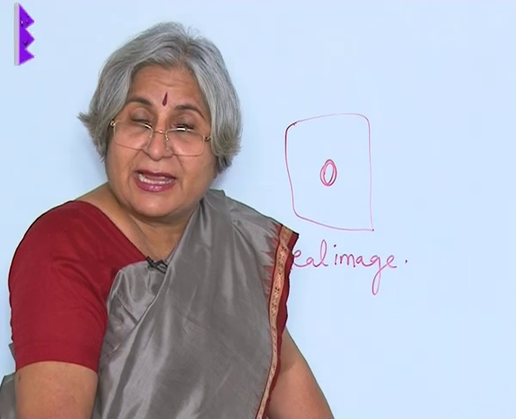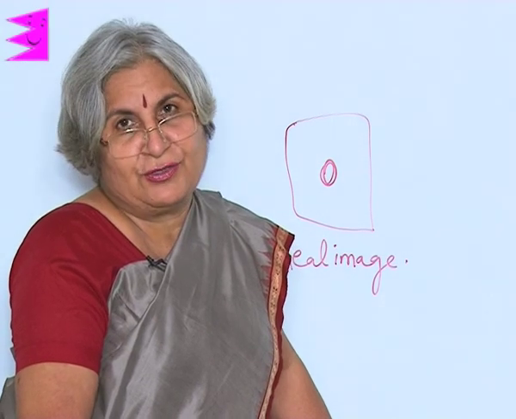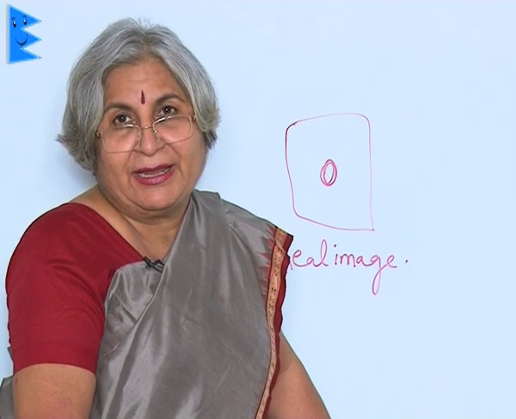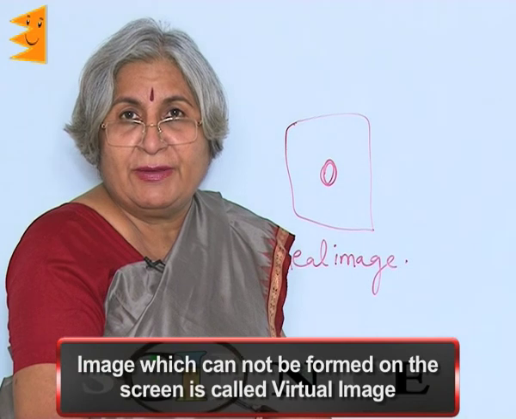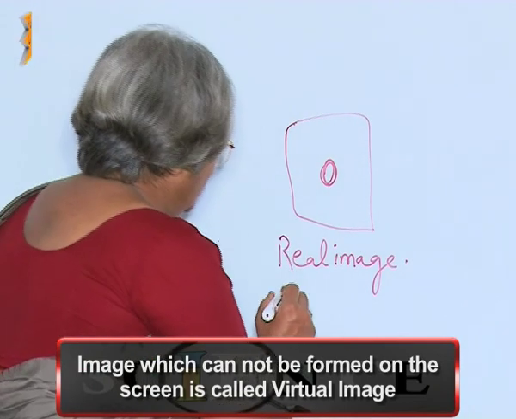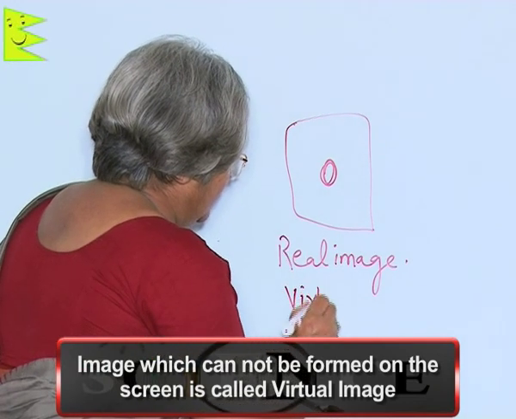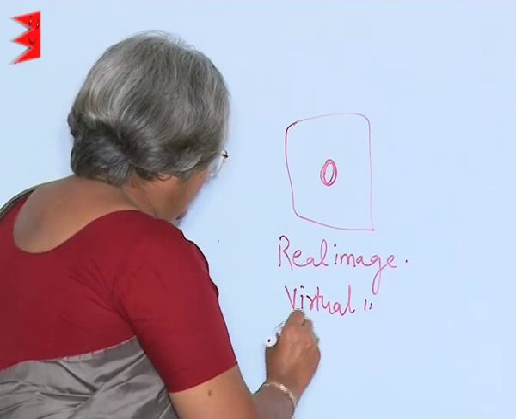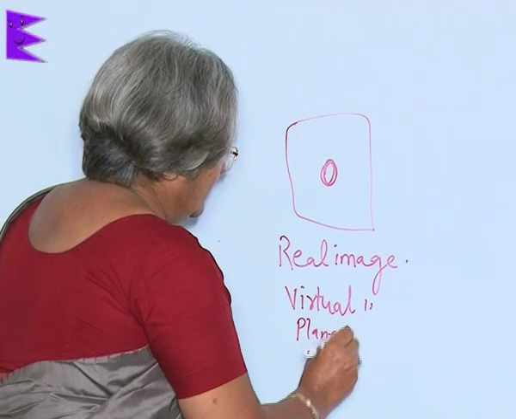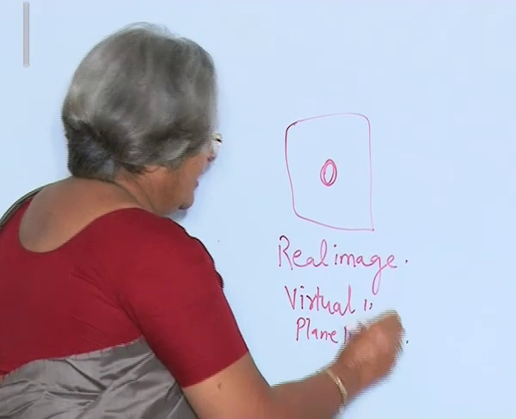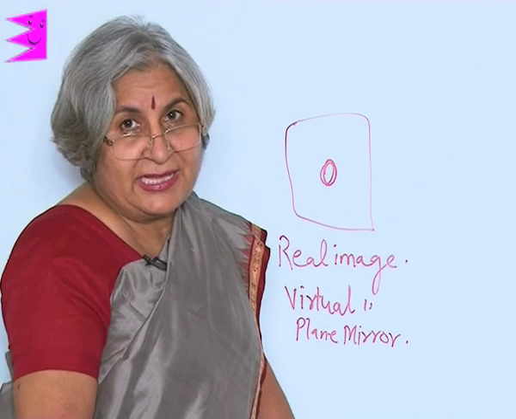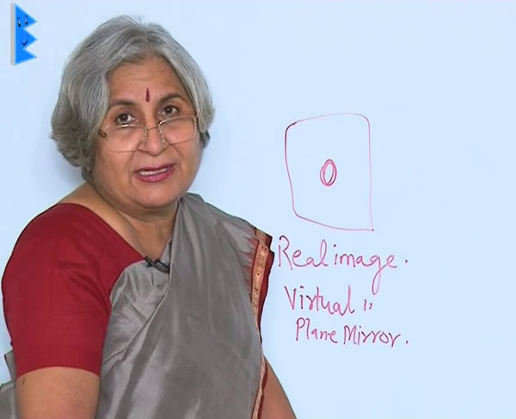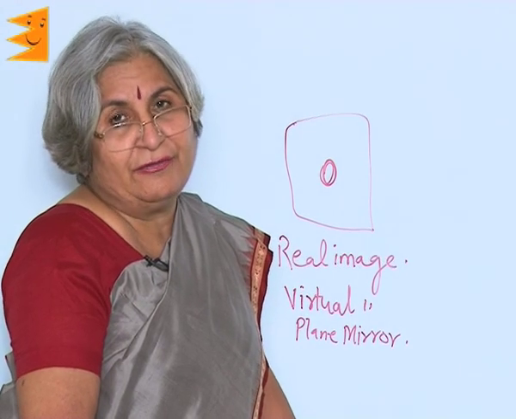But can we say the same for the plane mirror? Of course not. In case of plane mirror, the image cannot be formed on the screen. So, such an image which cannot be formed on the screen is called virtual. So, always remember that plane mirror forms an erect and virtual image of the same size, but in case of concave, the image is erect but real and of different size.